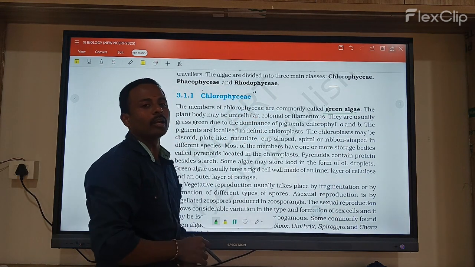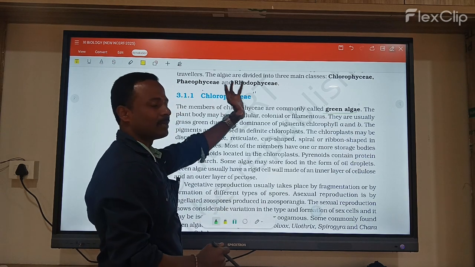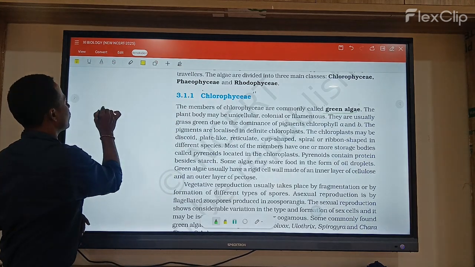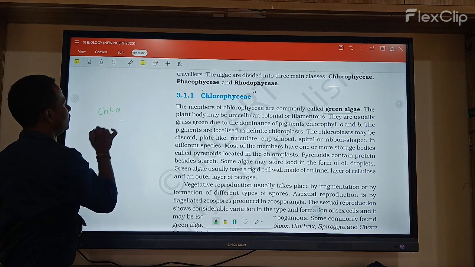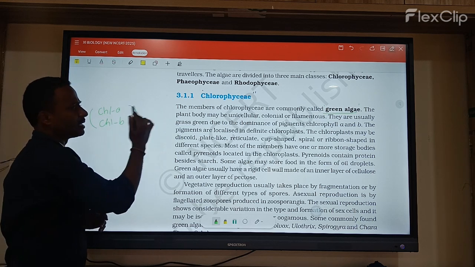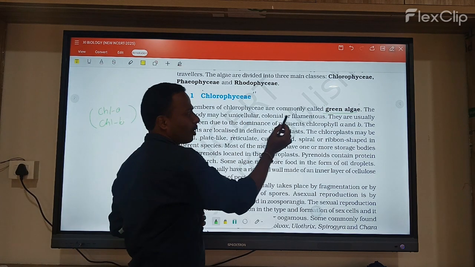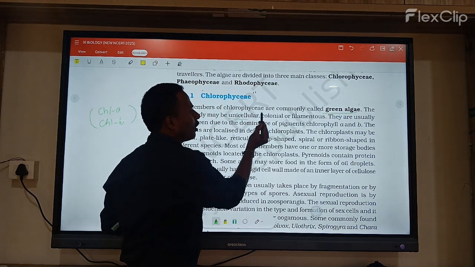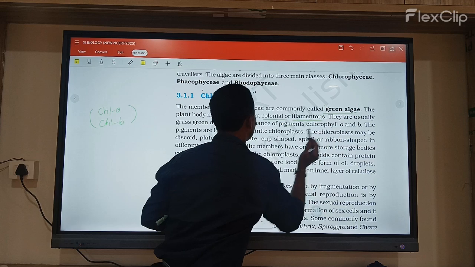It is called green algae because the Chlorophyceae members contain the major pigments chlorophyll A and chlorophyll B. Hence it is called green algae. These plant bodies may be unicellular, colonial or filamentous.